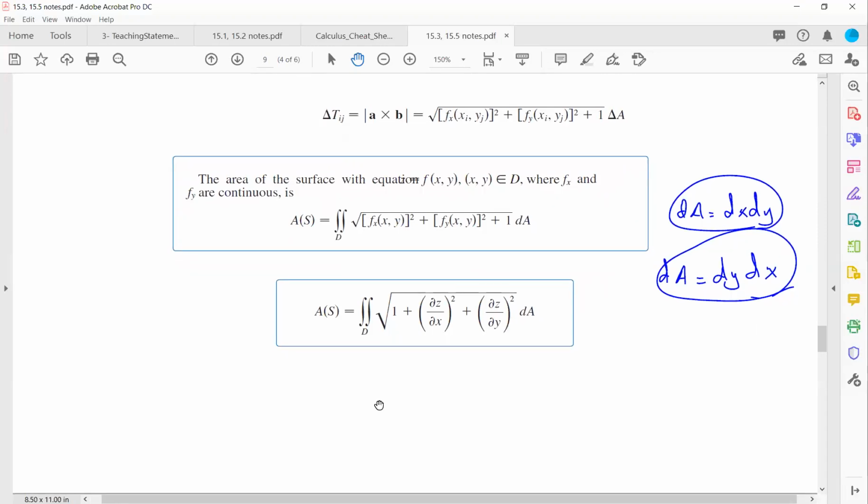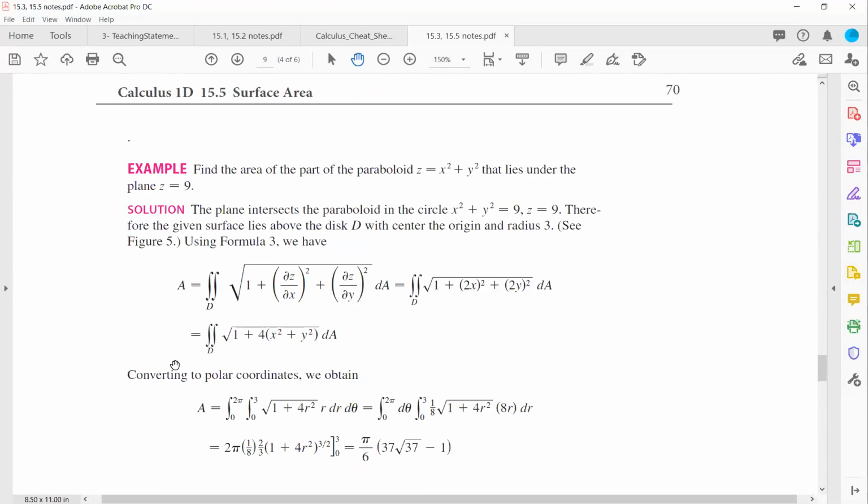Remember that f sub x is nothing but the partial derivative of z with respect to x, and f sub y is the partial derivative of z with respect to y. What is z? z is your function in two variables, x and y. Let's take a look at one example to feel more comfortable about this.